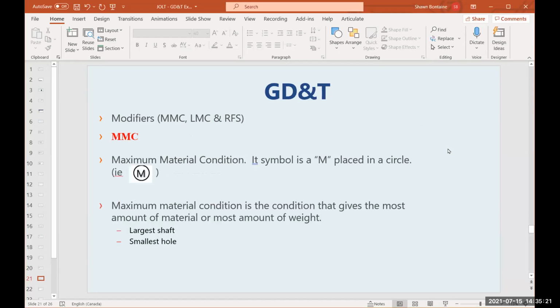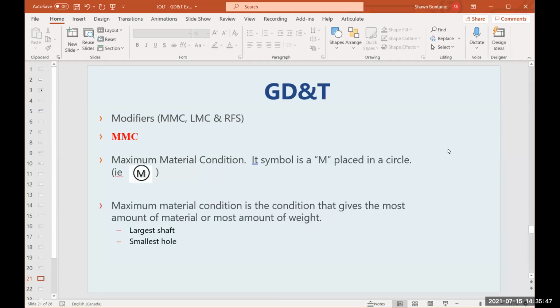Maximum material condition, its symbol is an M in a circle when placed in a feature control frame. And maximum material condition on its own is the condition that gives you the most amount of material or most amount of weight. So in the case of a shaft, remember that every single feature on a drawing has a dimension, whether it be a specific tolerance or a general tolerance from the title block.